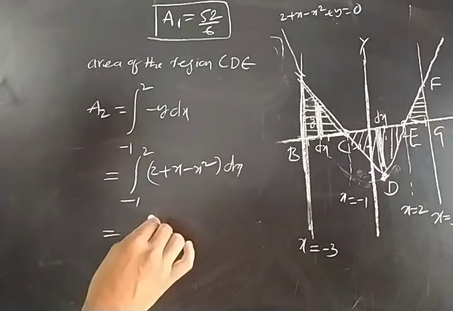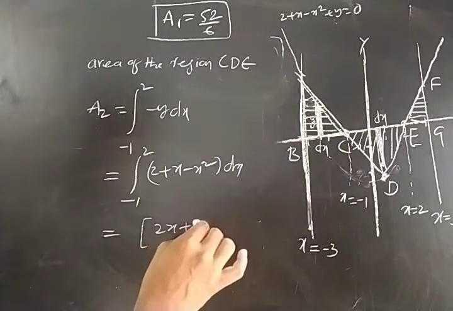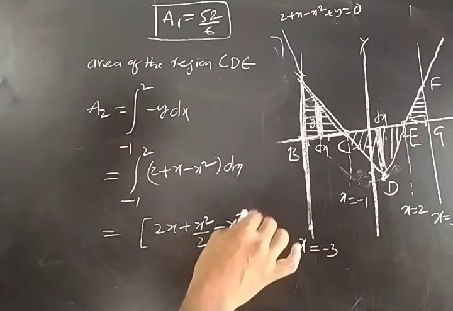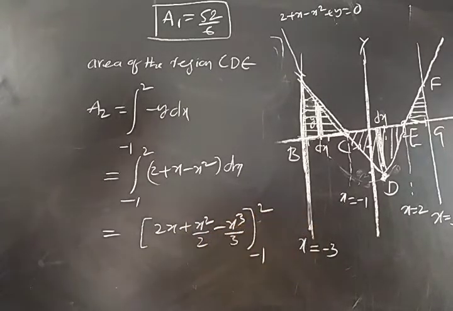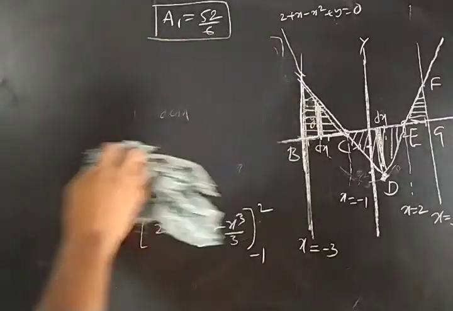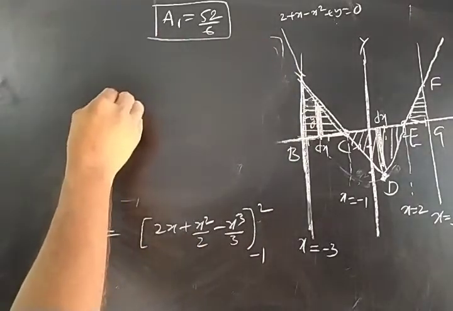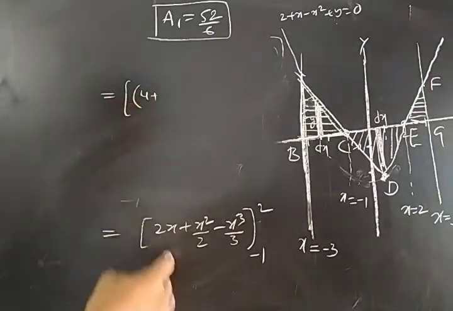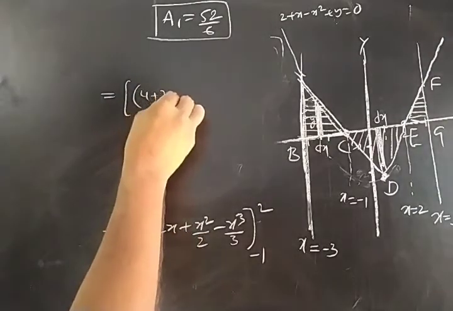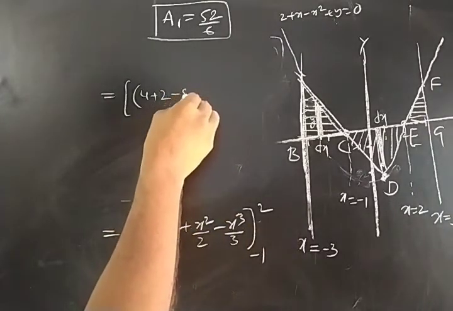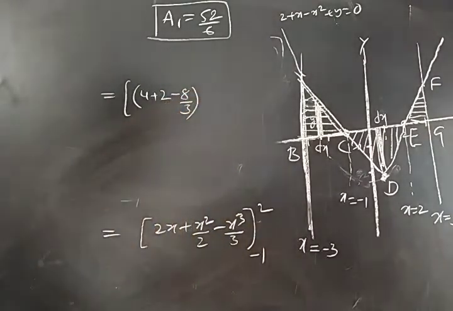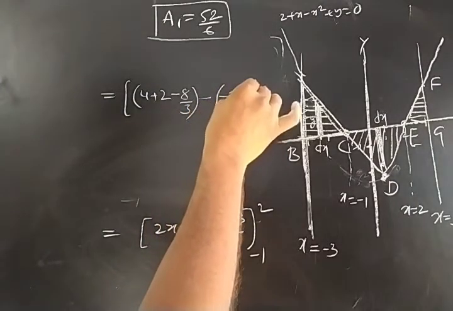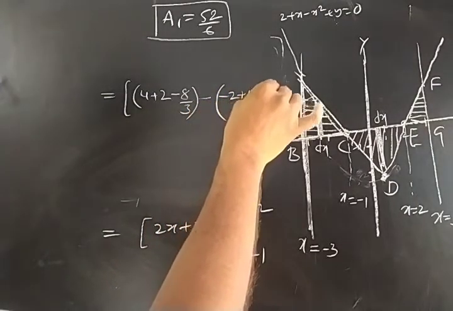So by integrating you will get 2x plus x square by 2 minus x cube by 3 from -1 to 2. Now I am going to substitute the upper limit and lower limit in this. By substituting the upper limit: 4 plus 2, and 2 cube is 8 by 3. This is the upper limit, minus the lower limit: -2 plus 1 by 2 plus 1 by 3.